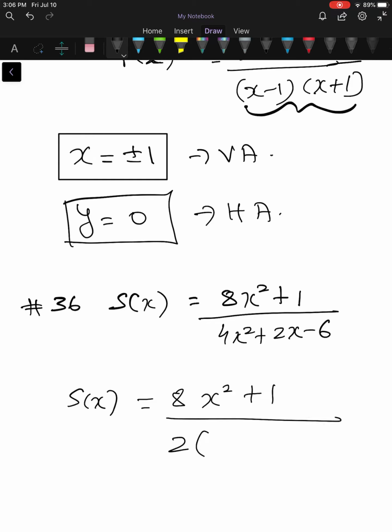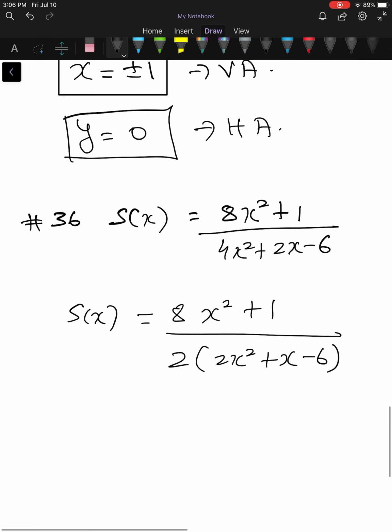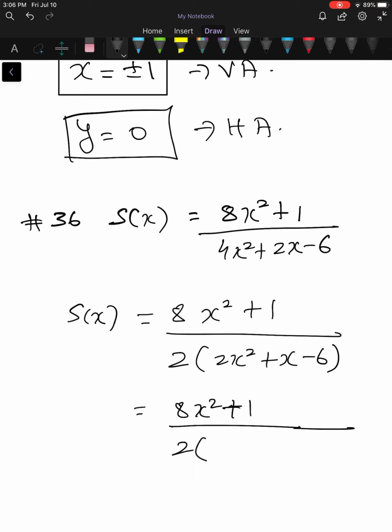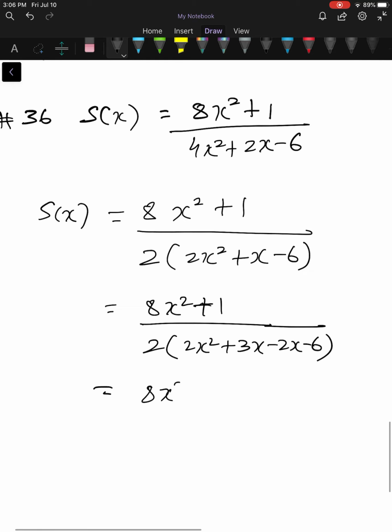That would be 2 times 2x square plus x minus 6. So that would give us 8x square plus 1 divided by 2 times 2x square plus 3x minus 2x minus 6, correct? Did I go wrong anywhere? I don't think so, right?